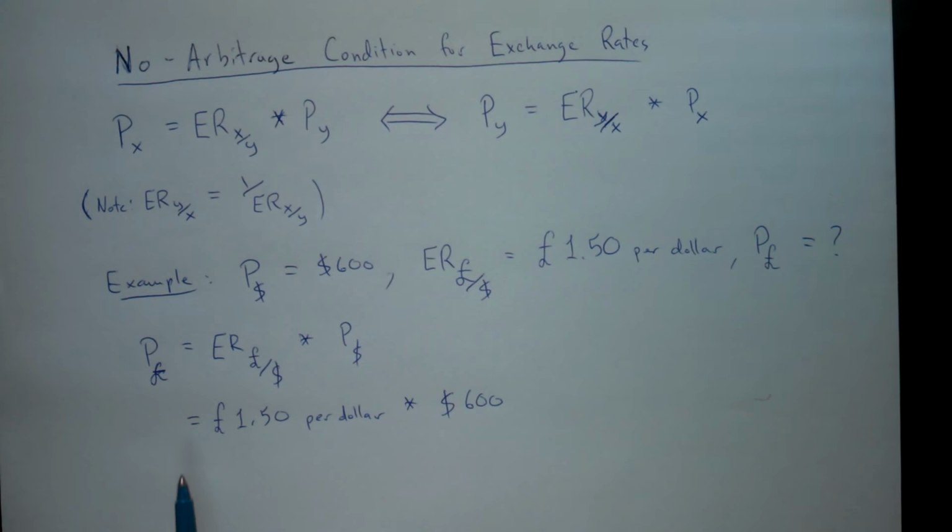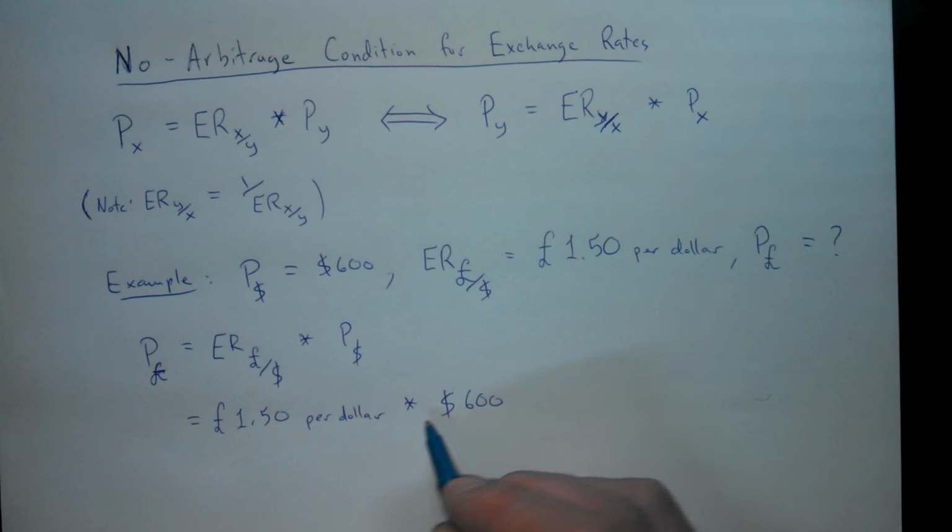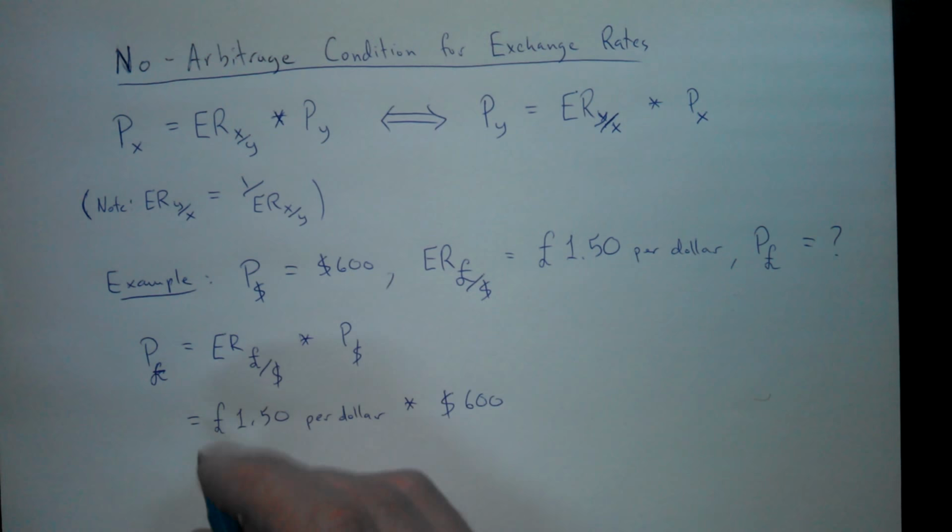Multiplying 1.5 pounds per dollar times $600, the units are going to cancel. We have dollars in the numerator, and per dollar means you're dividing by dollars, so the per dollar and the dollars cancel with each other.